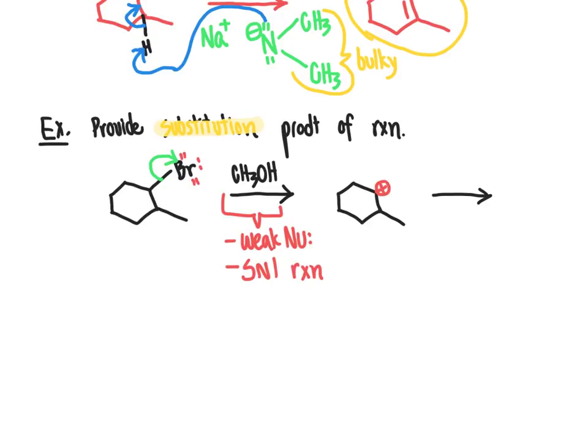And then the second thing that happens as we're going toward predicting the product is that we can have a 1-2 shift take place if it will stabilize that secondary carbocation to make a tertiary carbocation. So the secondary carbocation can be stabilized by moving this hydrogen over in that 1-2 shift.